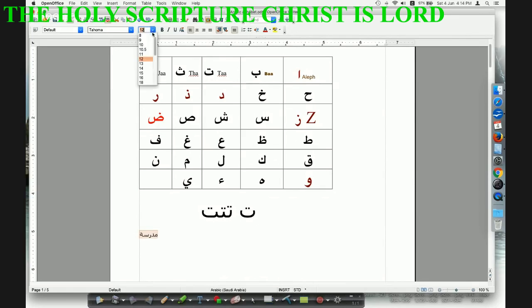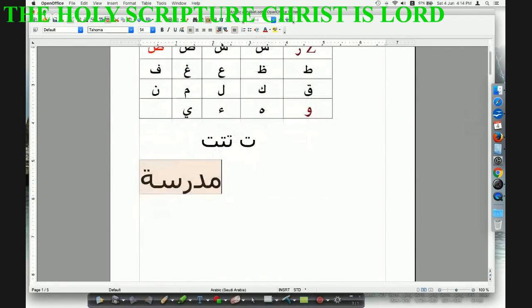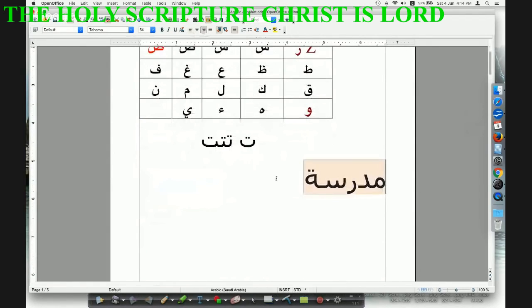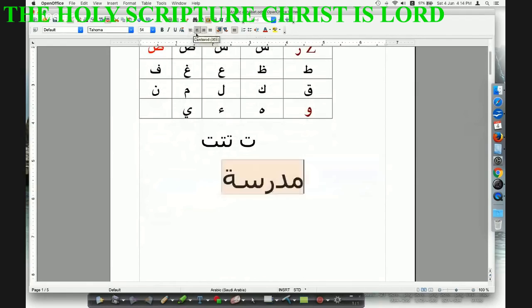Let's make it big. Madrasa means school. But this is ta, the last letter there. You see, ta will not only appear as a circle as we drew it to you before. As an example, the case of baqara, which means cow. So look what we have right now.